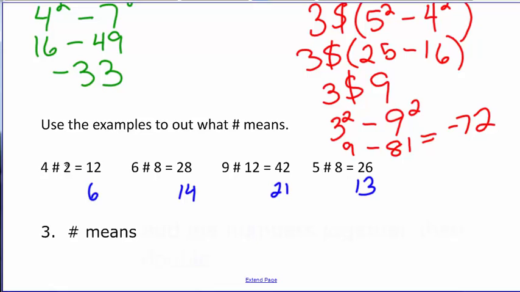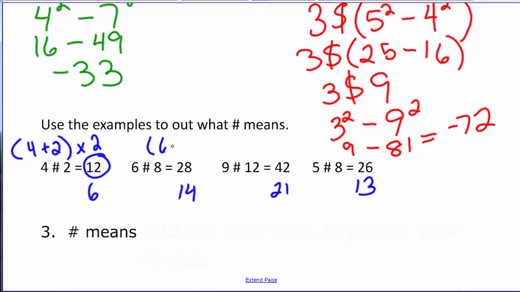And I notice that, well, 4 plus 2 gives me my 6, and 6 plus 8 gives me 14, 9 plus 12 gives me 21, and 5 plus 8 gives me 13. So my rule for this, I'm going to first add the numbers together, and then I would double them. So what I mean by that is I would take 4 plus 2, and then if I double that, that's going to give me 12, because 4 plus 2 is 6, 6 times 2 is 12.